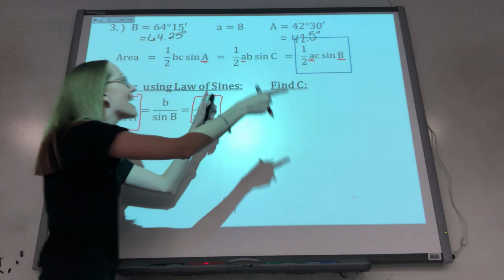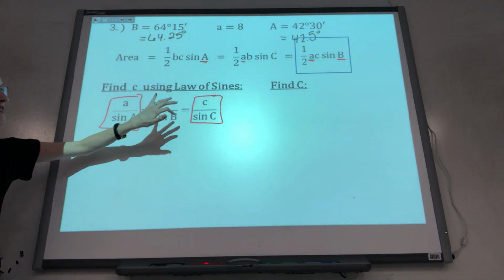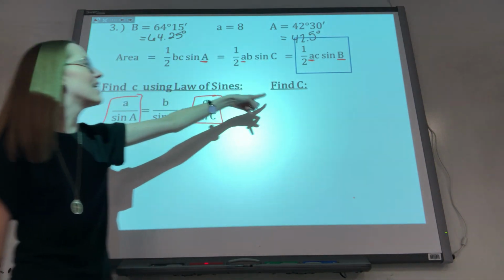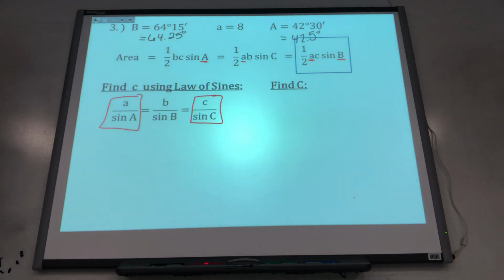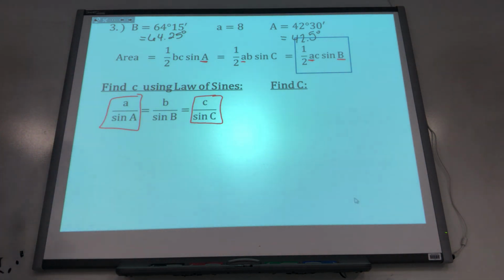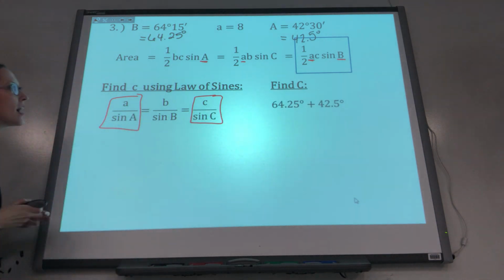So next step over here, before I can use my law of sines, and before I can use that formula, I need to figure out what big C is. So how could we do that? Finding big C. Yeah, you know A and B, so add those up.